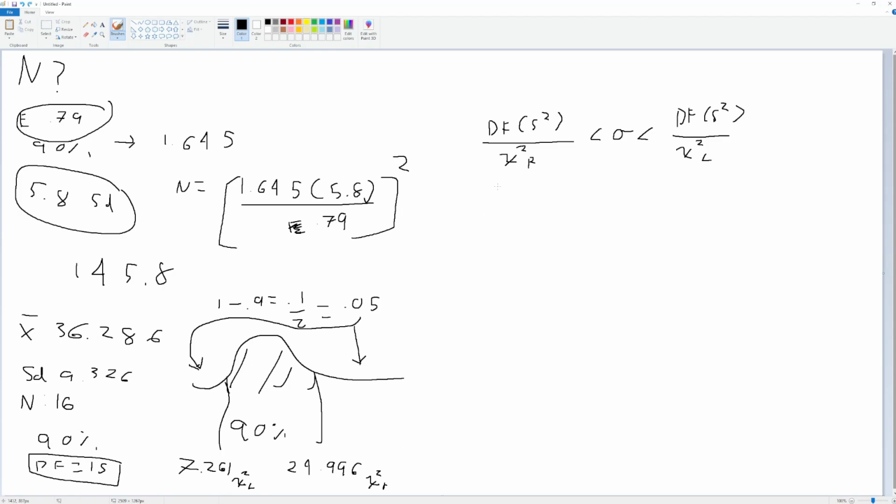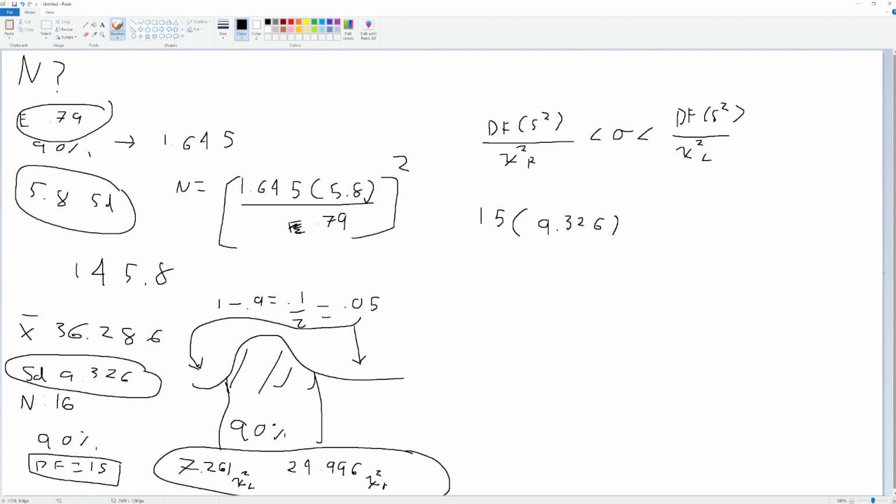We have everything, right? We have standard deviation, degrees of freedom, and the lower guys. Cool. Degrees of freedom is 15 times 9.326 squared divided by 24.996.